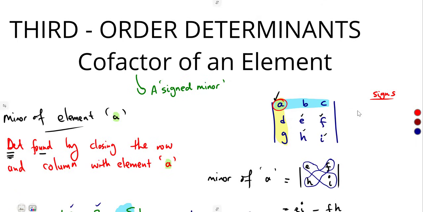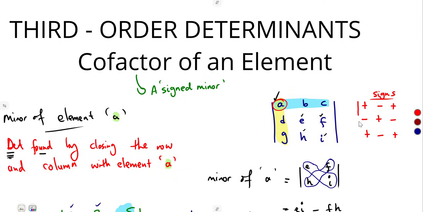Do not even worry about it. You start with a positive, followed by a negative, and so on. Remember, 3 rows, 3 columns. So it's positive, negative, positive in that manner. After that, negative, positive, negative. After that, positive, negative, positive, negative, positive, up to the last one.